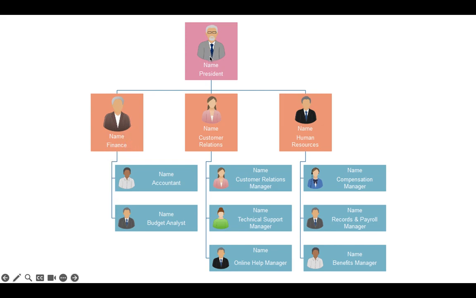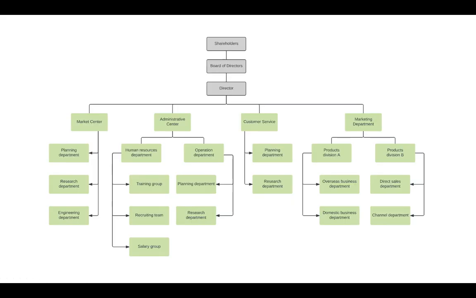Now, the president may have decided to call this person a CFO, Chief Finance Officer, or may have called them the Vice President of Finance, or maybe the Finance Director or Director of Finance. So in your organization, you'll decide what these people's names are. But this is customer relations, and each of these people report directly to this person, and same with human resources. So that's an example of a functional structure.